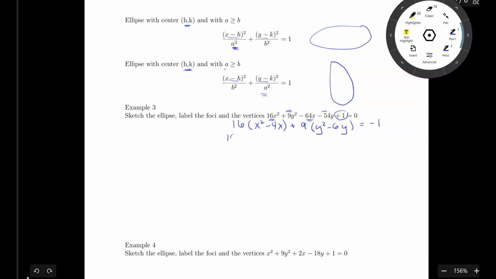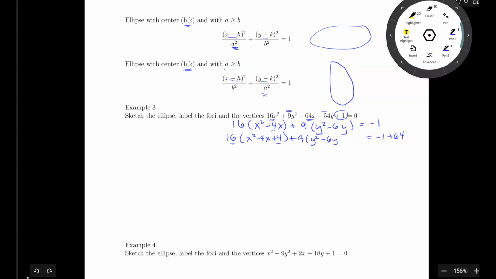Okay, let's go slow so I don't make any mistakes. I'm going to take half of this and square it, so that means I added 4, but I didn't really add 4. I really added 16 times 4, so I'm going to add that to the other side. That's 64. Now, y squared minus 6y.